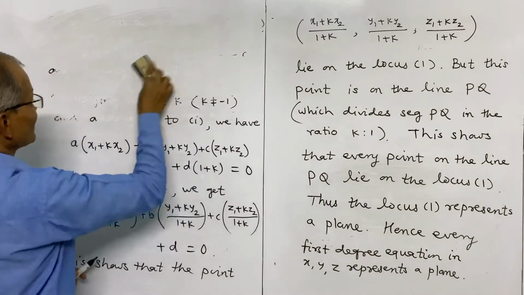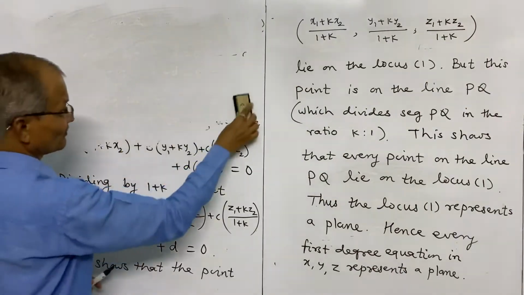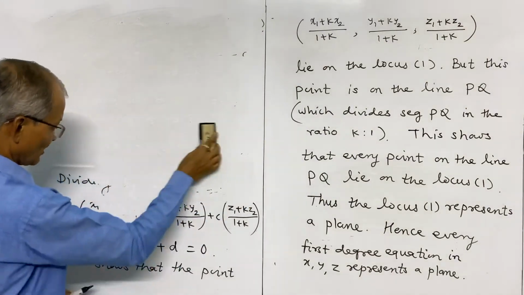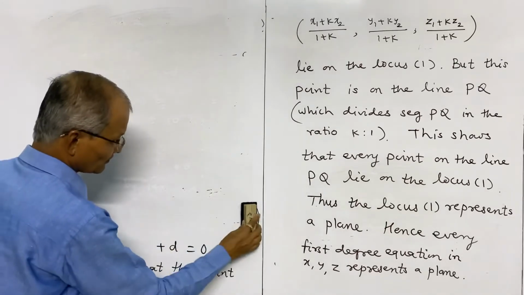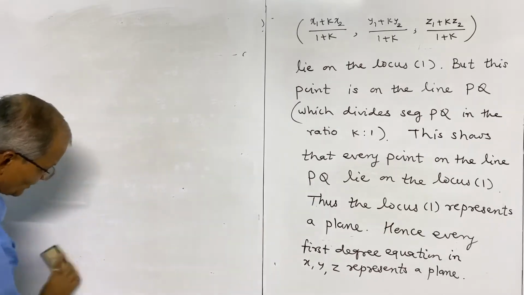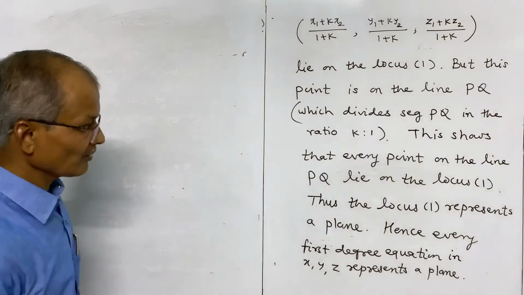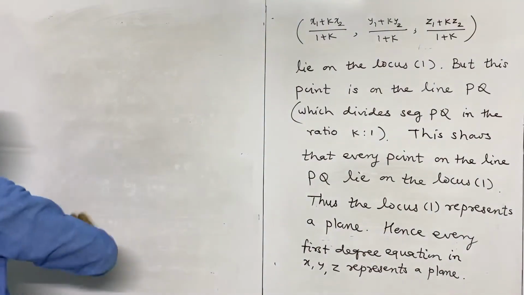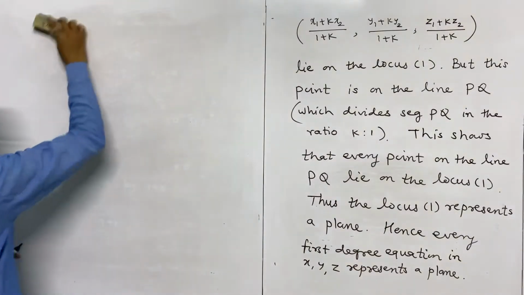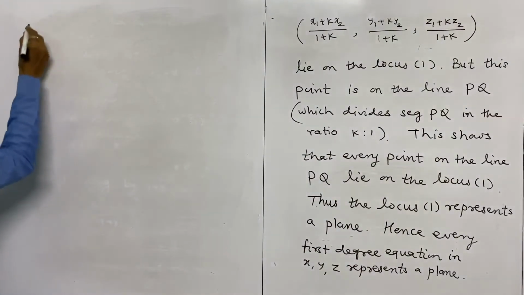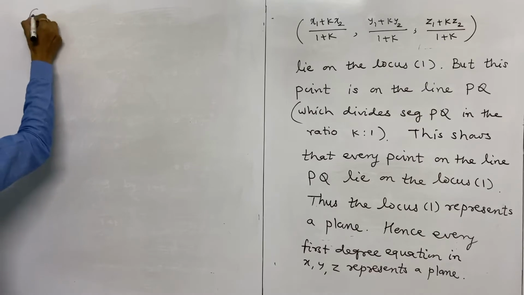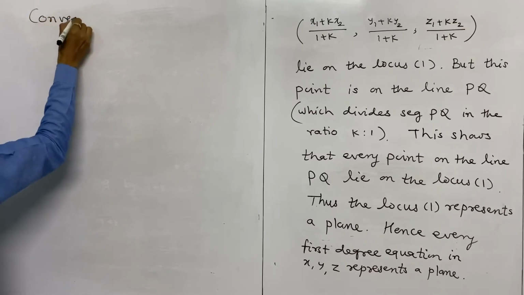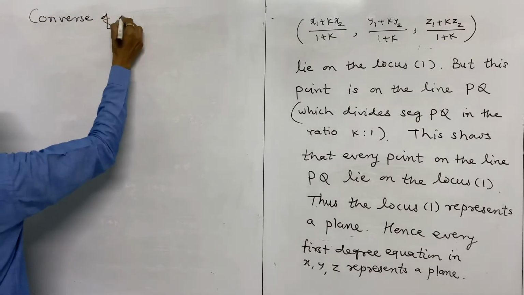Now we will consider the converse of this theorem, the converse of theorem 1. See what is the meaning of converse. Our first statement, theorem 1, is that a first degree equation represents a plane.